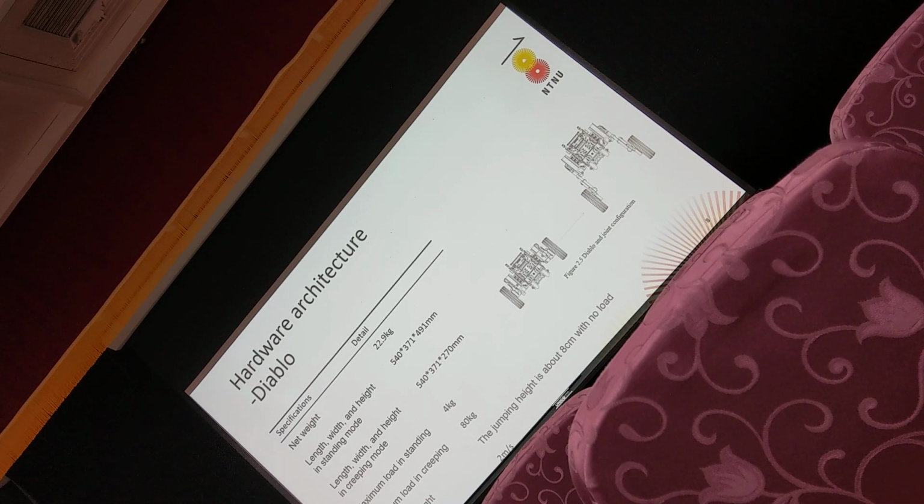In standing, the maximum load is 4 kg, and in gripping mode it can load 80 kg, and it can also jump. The max speed is 2 meters per second.